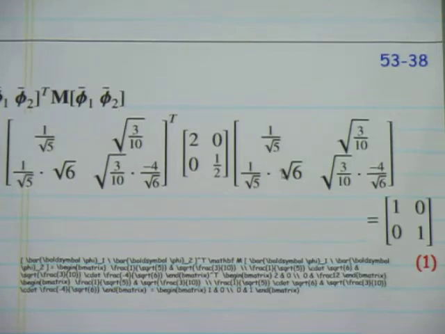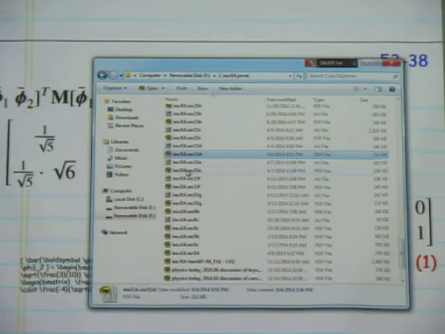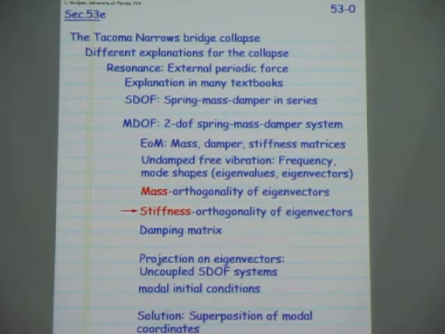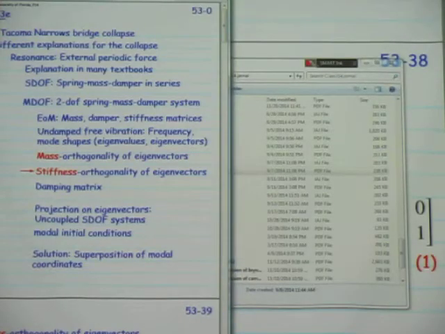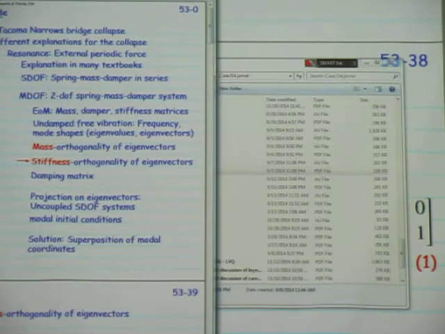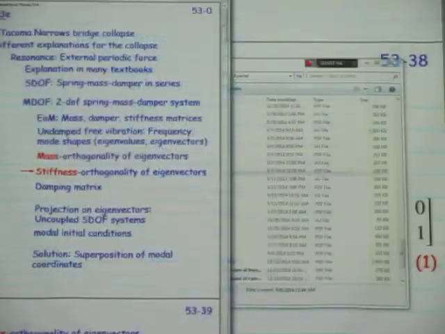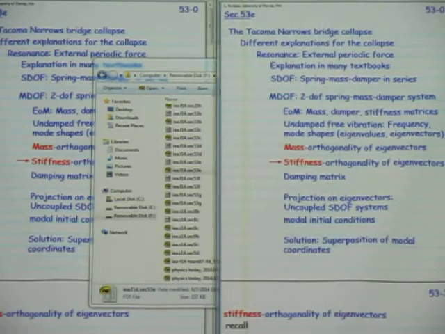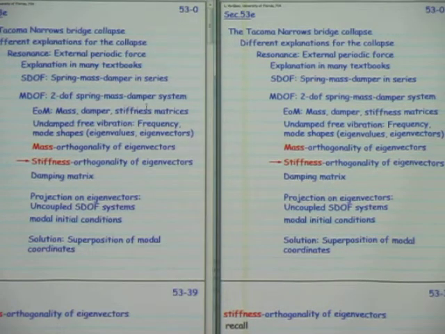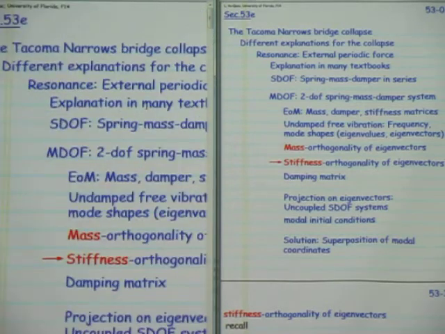Okay. So now let's move forward to section 53E, and let me do the following. Let me have two small windows side by side so that I can give you the big picture. Okay. So this is section 53E here.